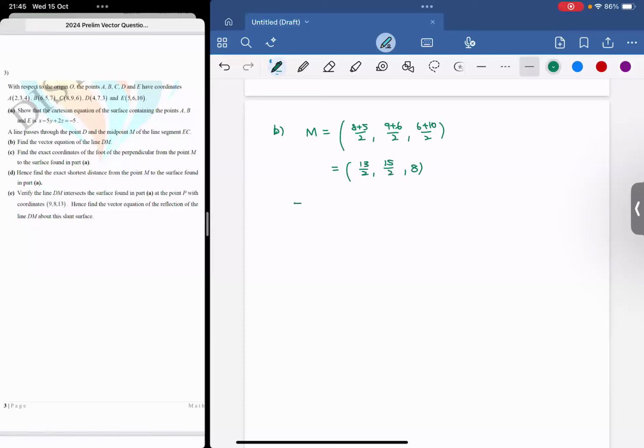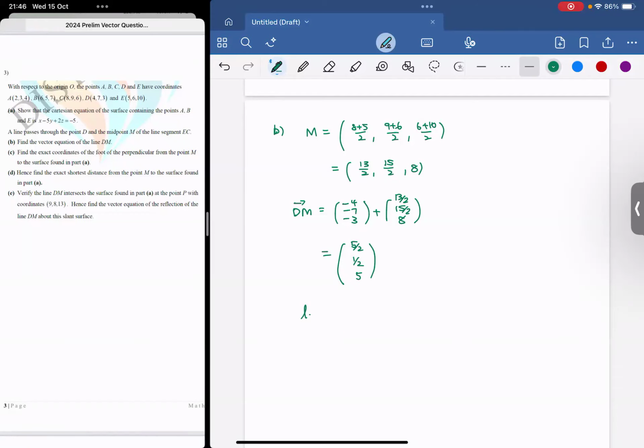So now we find DM. So DM is equal to -4, -7, -3 plus 13 over 2, 15 over 2, 8. That will give us 5 over 2, 1 over 2, 5.